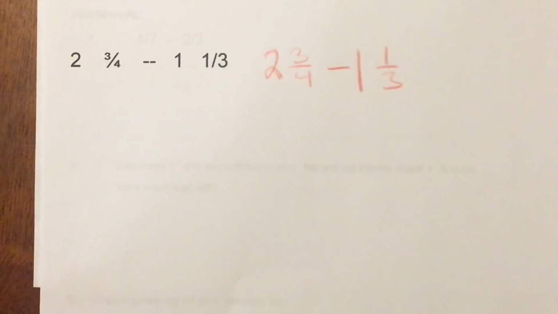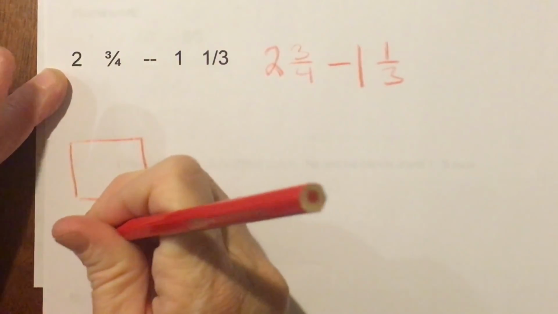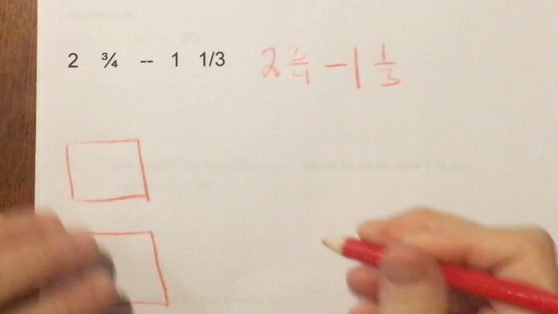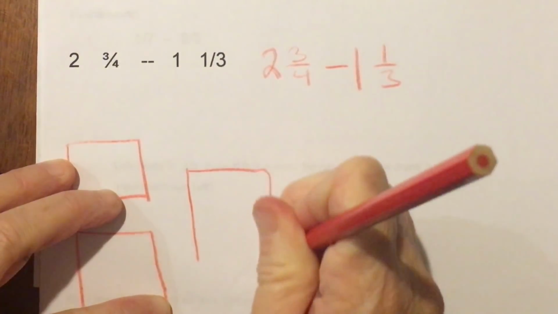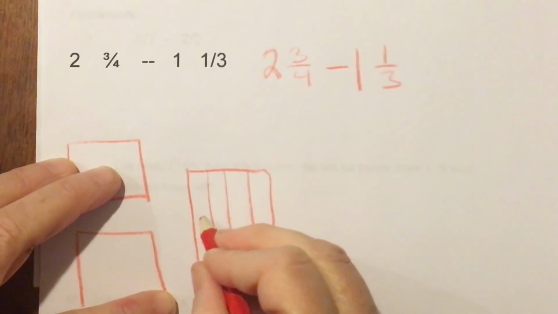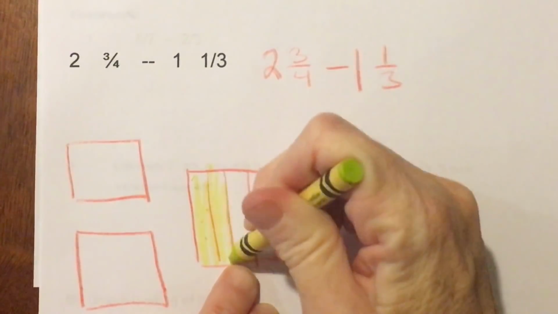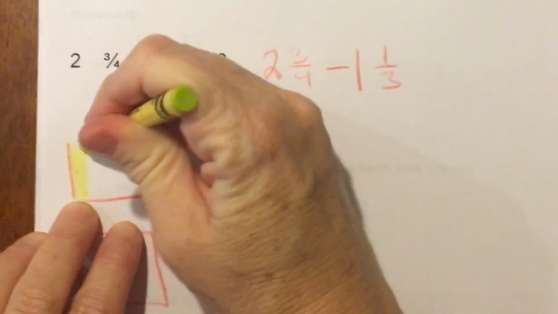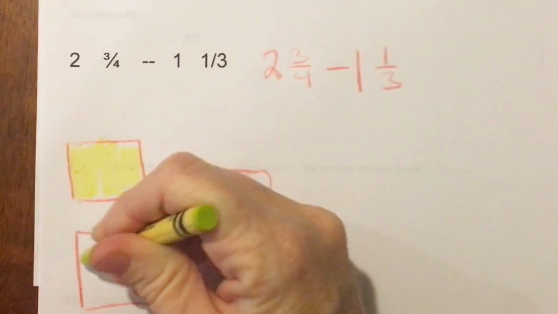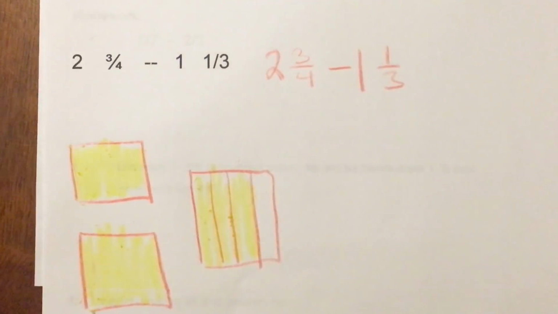Okay, so I have 2 whole plus I have 3/4. So it means I cut it into 4 pieces, 1, 2, 3, 4, and I have 3 of the pieces. Plus I also have these 2 wholes. I don't want to forget about them. So I have 2 3/4.